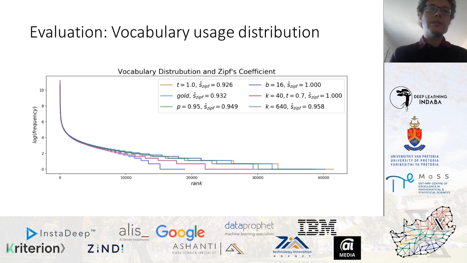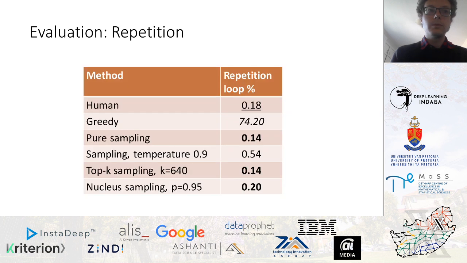We also measure diversity in terms of the distribution over vocabulary usage for different models. Now I'm not going to go into details of that here, but the results are similar to those for Self-BLEU. Finally, we measure repetition, and in particular the probability that the output will get stuck in a repetitive loop, repeating the same phrase over and over again.